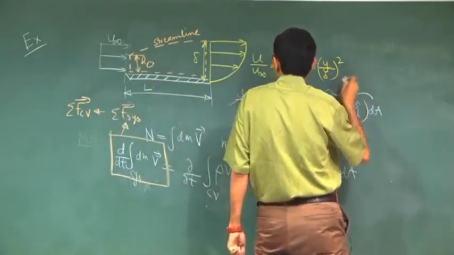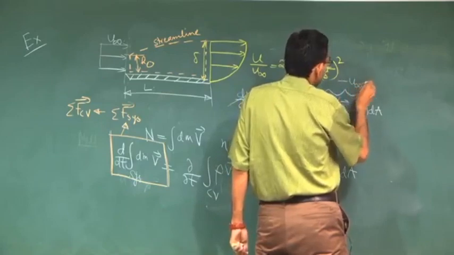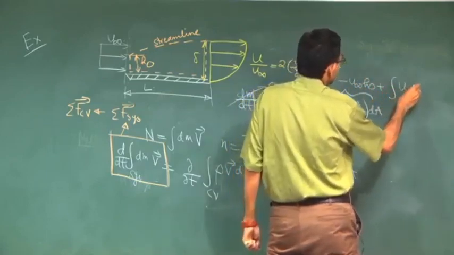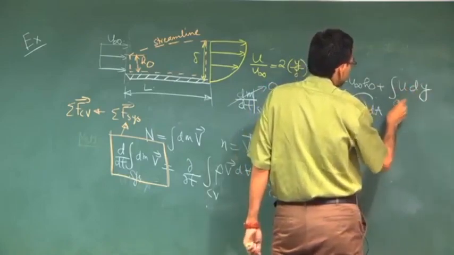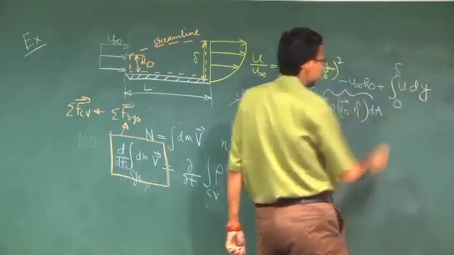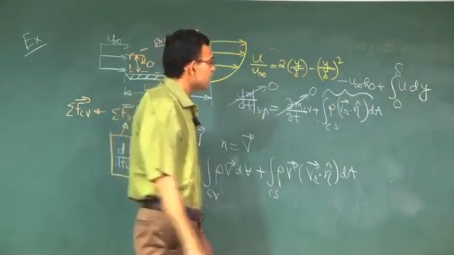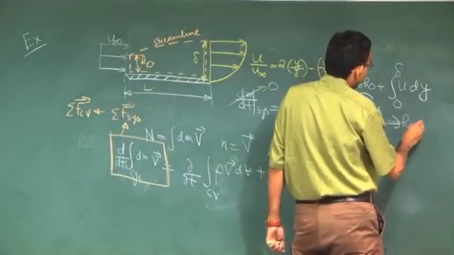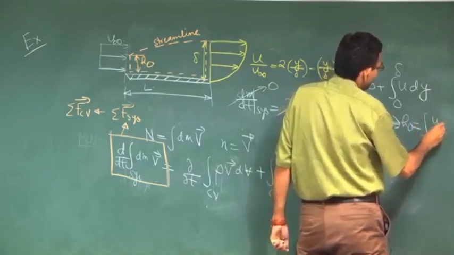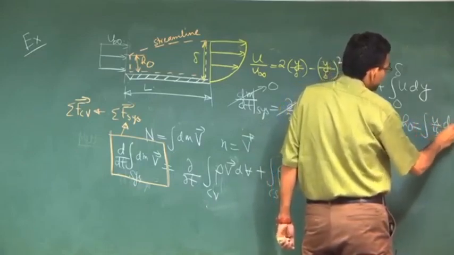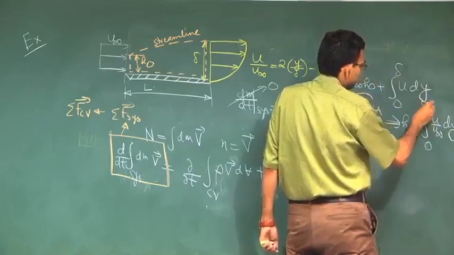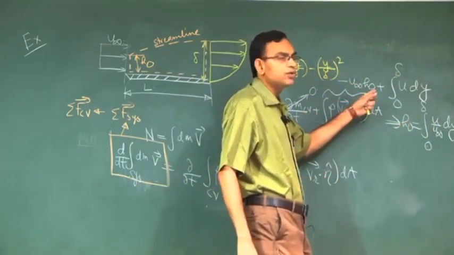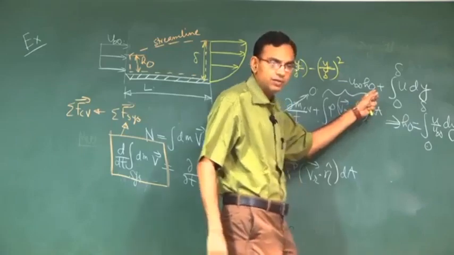Inflow is minus u infinity into h naught and outflow is integral u dy. So this becomes a governing equation for h naught, which is integral u by u infinity dy. Remember this is flow rate per unit width, so width is taken as 1, the width of the plate.